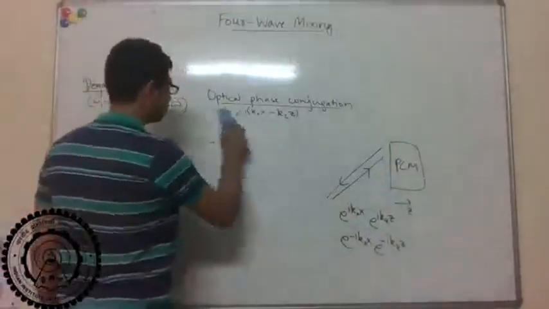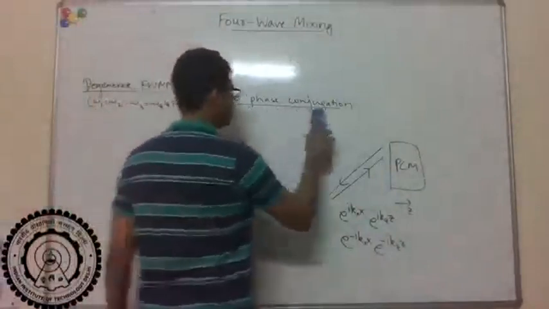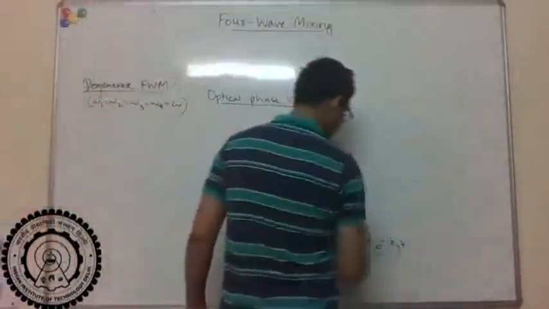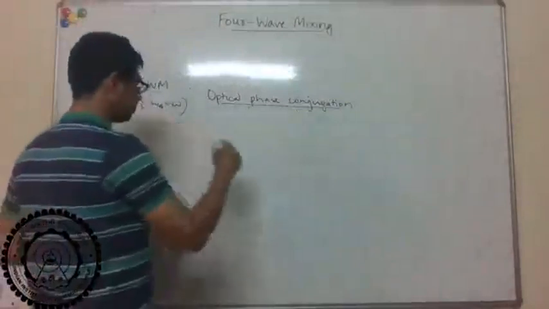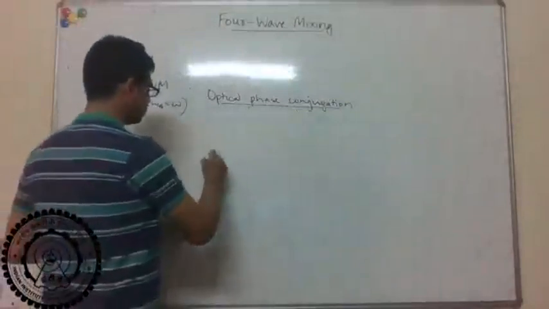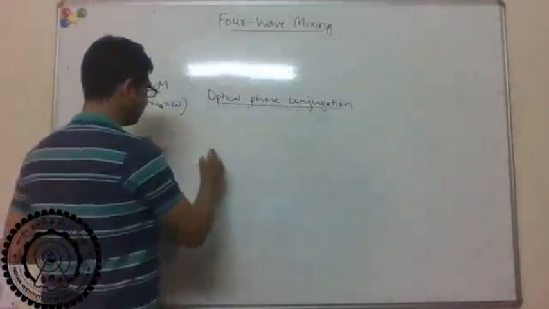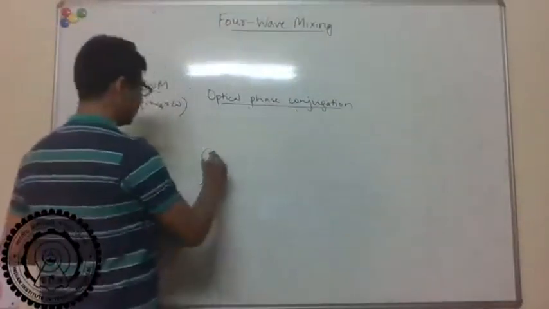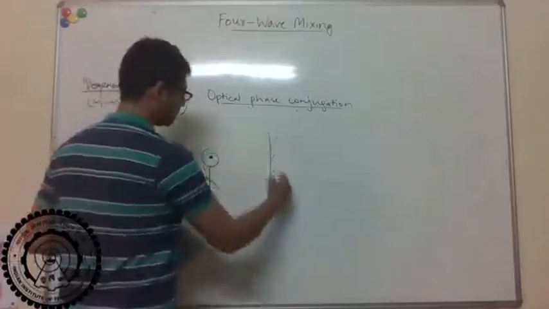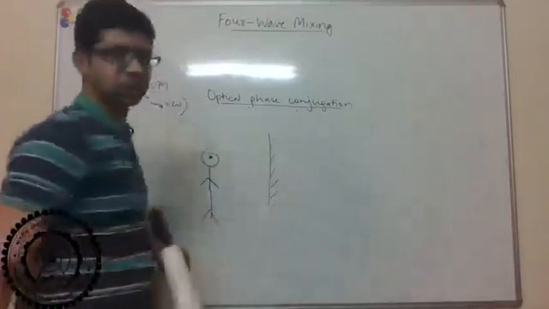So now you can imagine what happens if you stand in front of a phase conjugate mirror. Let's say this is me, and I'm looking at a mirror. What do we see? We see a reflection of ourselves, right?